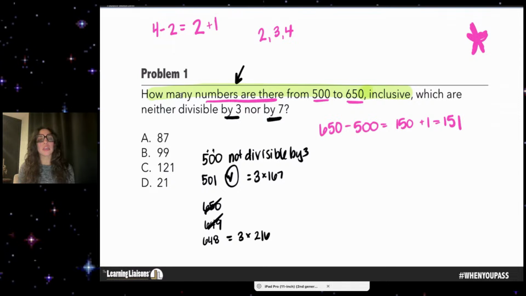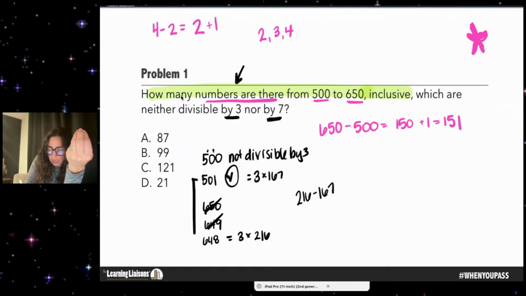So if we are looking for that, I can subtract 216 minus 167, because that's going to give me the number of factors that are between these products. 216 minus 167 equals 49, but we're inclusive, so add 1 is 50.